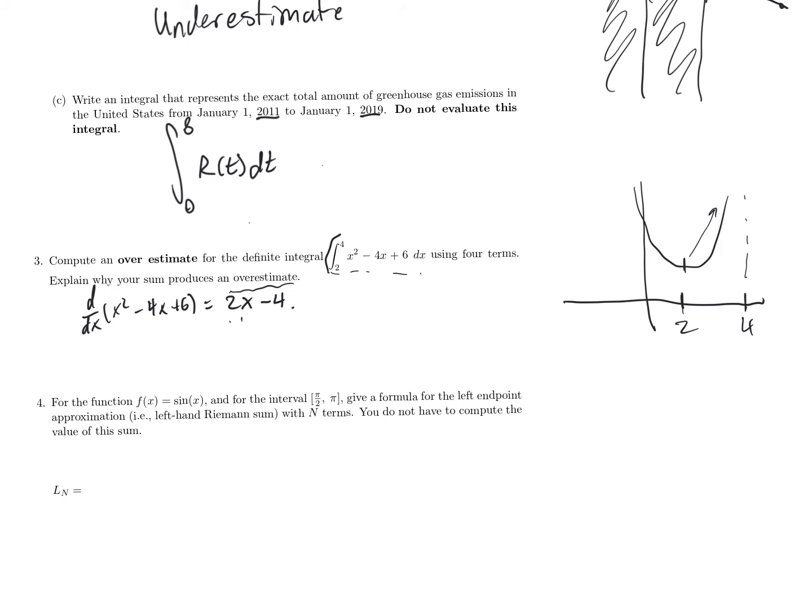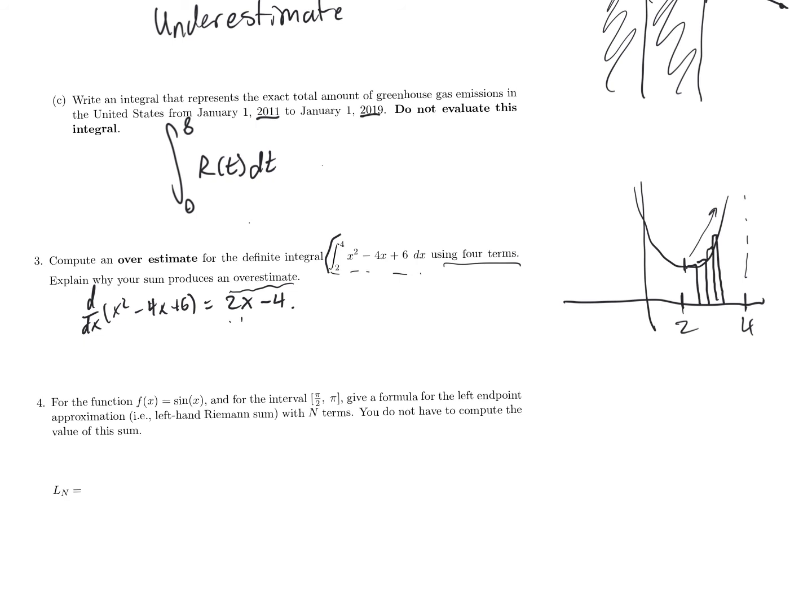Well, how do I take rectangles and make an overestimate if they're increasing? I do a right-hand rule. That's kind of what the idea is. Right-hand rules overestimate if you're increasing. So I need to write a right-hand rule for this using, sorry, using 4 terms.